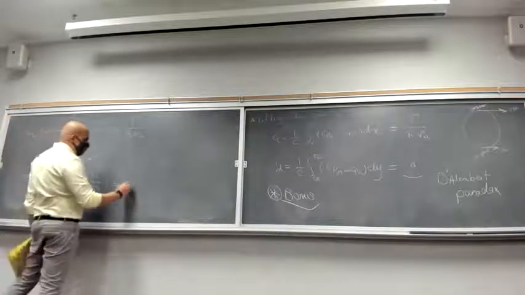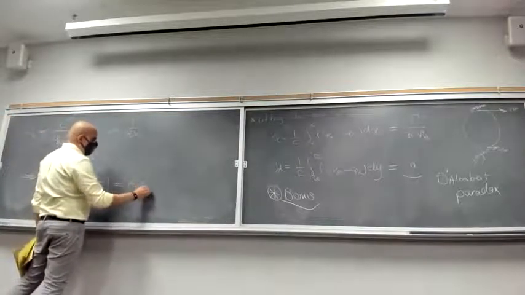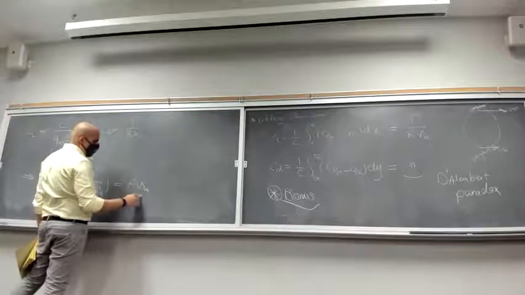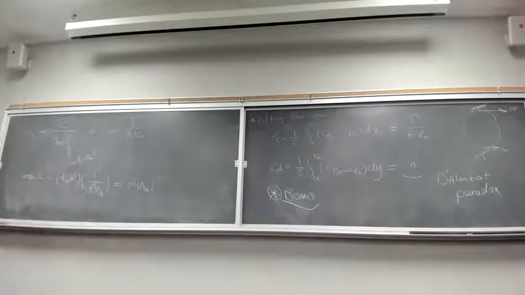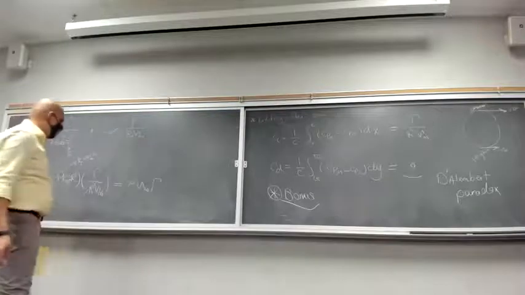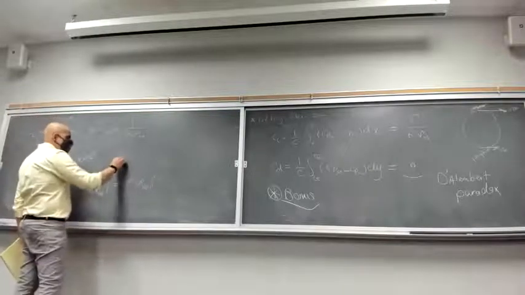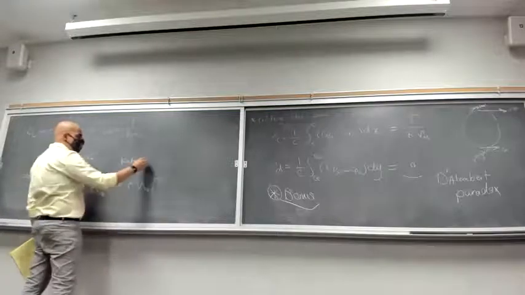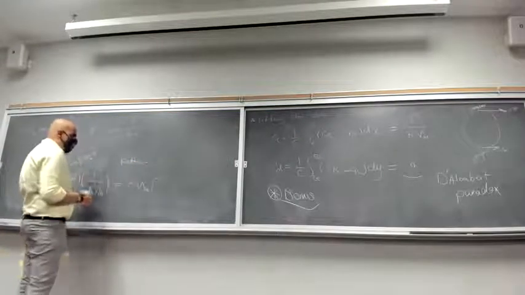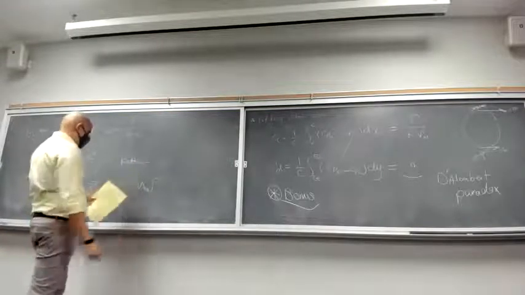After you cancel whatever you can cancel, your lift is going to be equal to rho V infinity gamma, lift per unit span. For the two-dimensional case, you can calculate lift per unit span. And this is a very important conclusion in aerodynamics. This is called the Kutta-Joukowski theorem.